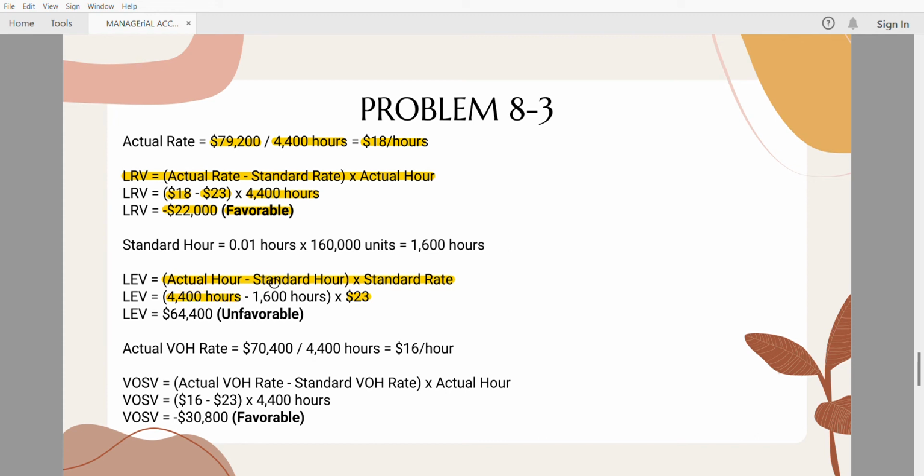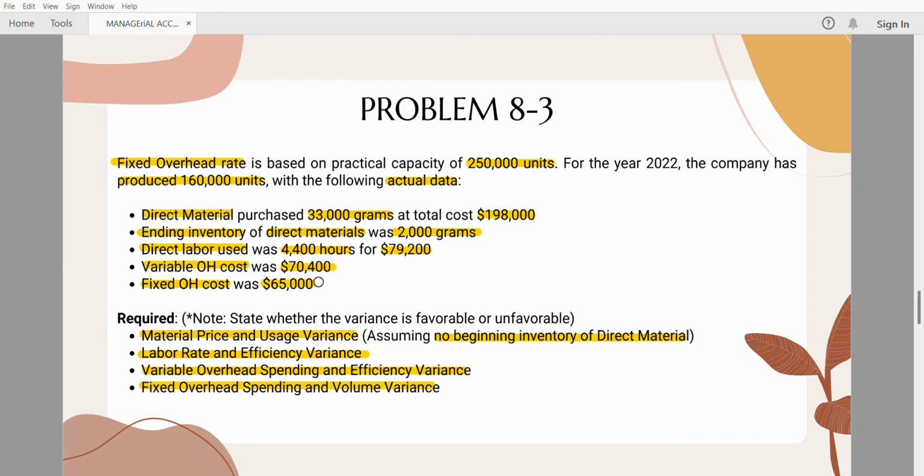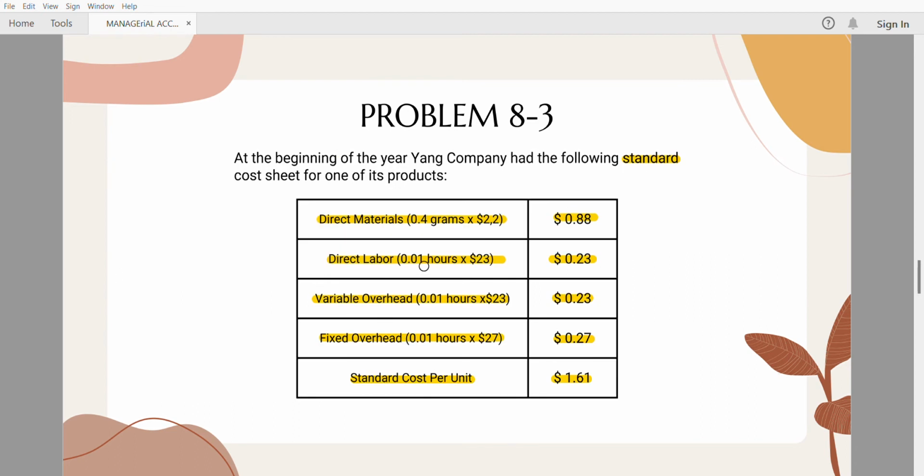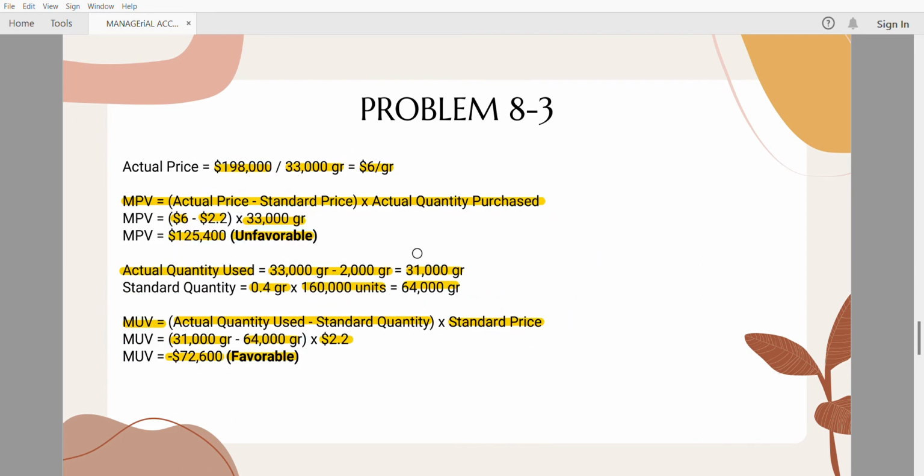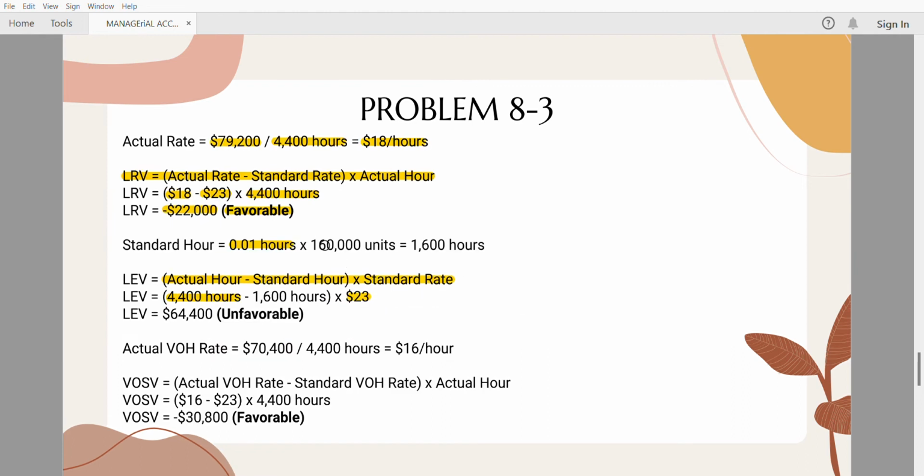But the standard hour is not given, so we need to find it by 0.01 hours times the total units produced, which is 160,000 units, and we get 1,600 hours for the standard hours. Put it in the formula and we can calculate it. We get 64,400, and it's unfavorable because it's positive.